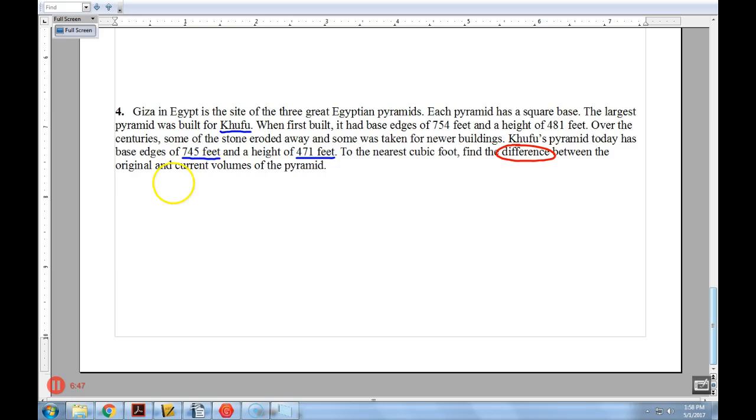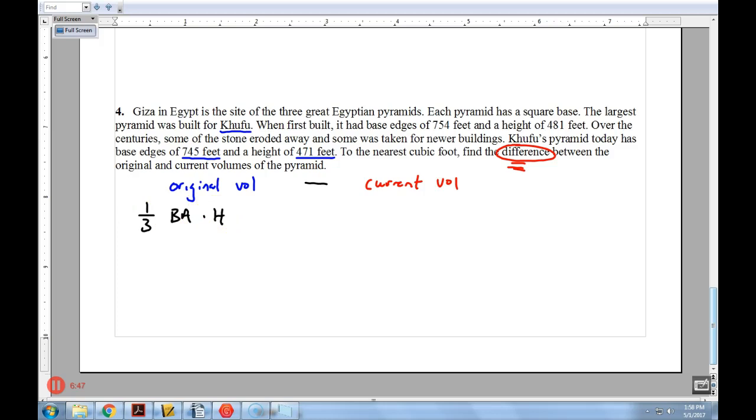So I got to do 2 things here. Let's do the original volume, and then we're going to subtract the current volume. And that's going to be the answer to the question, because they want to know, find the difference. So 1/3 base area times height.